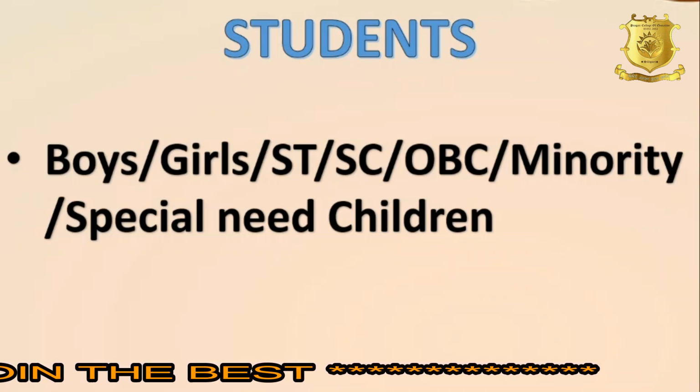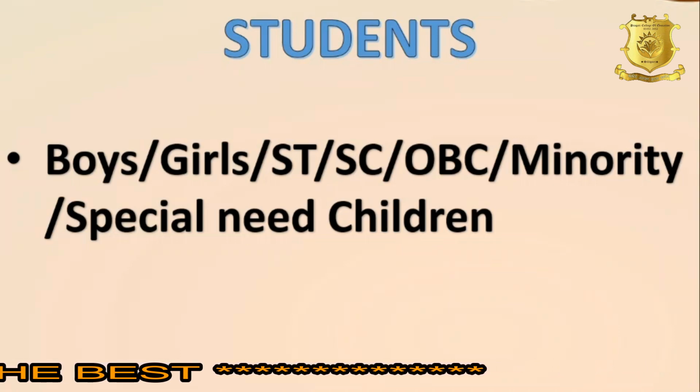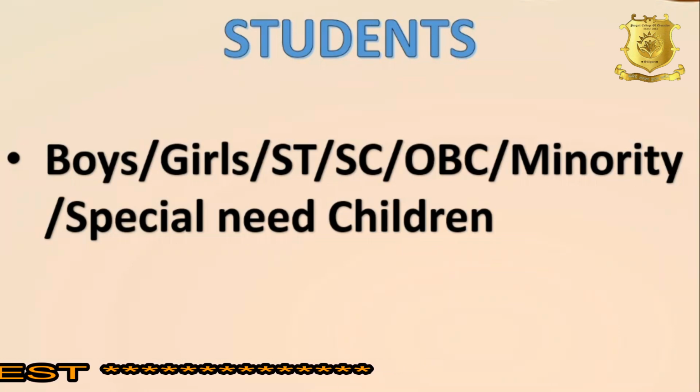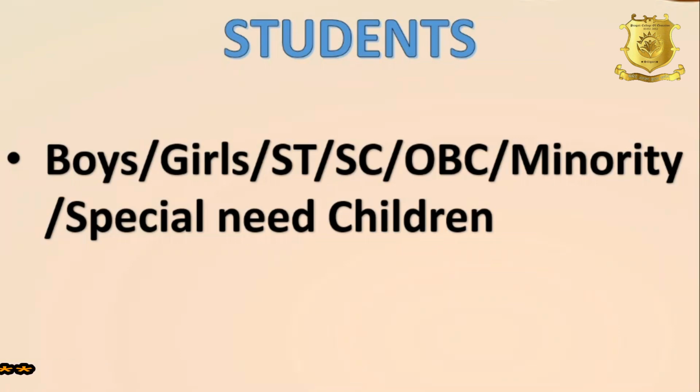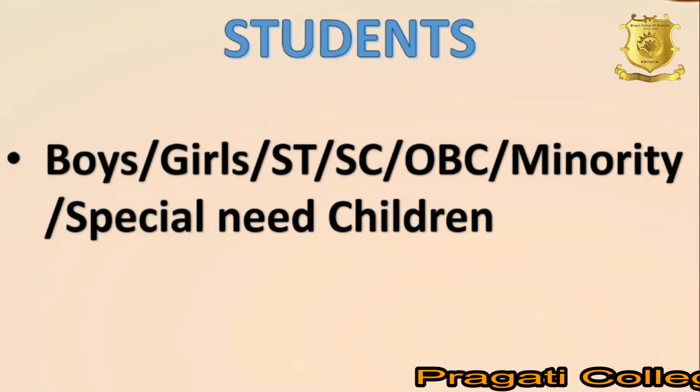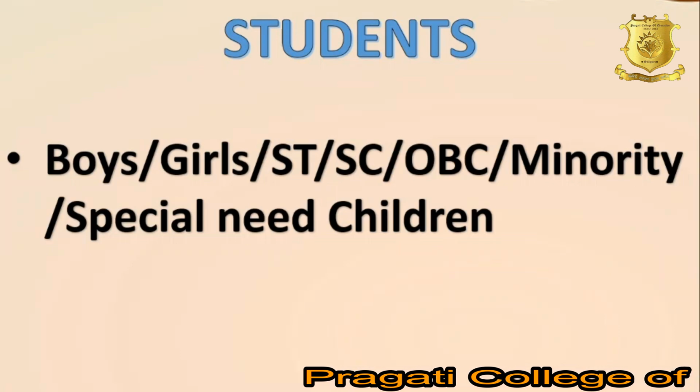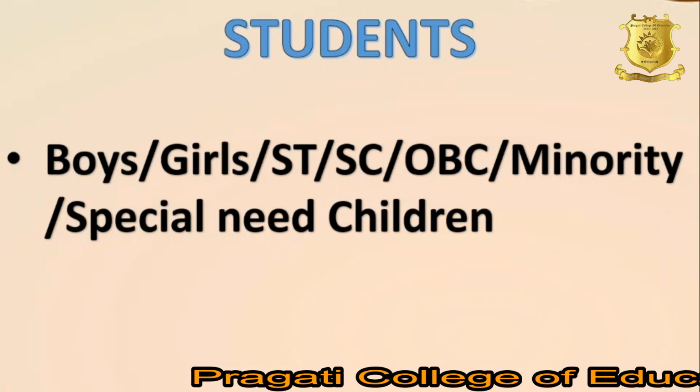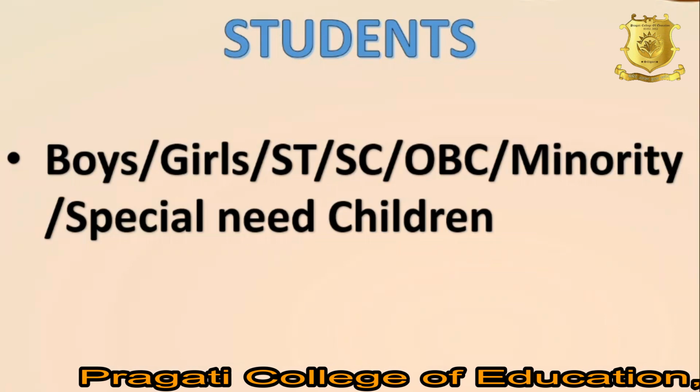Coming to the next, special needs children. Children with special needs must be given proper and appropriate education according to their own needs. After getting education, they will be able to maximize their capabilities and potentialities, because special needs children also have their own abilities, potentialities and strengths.